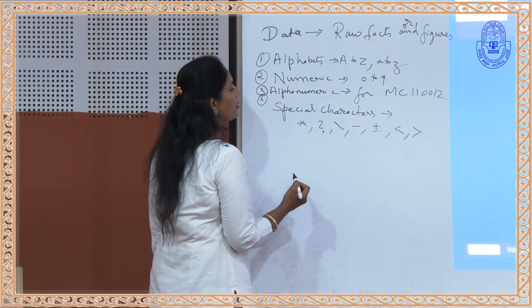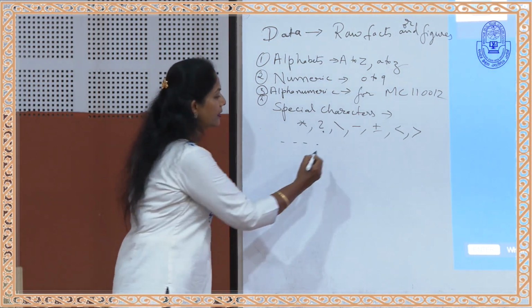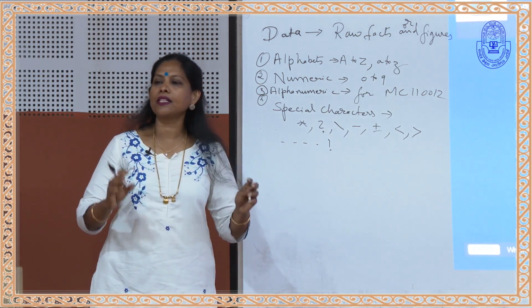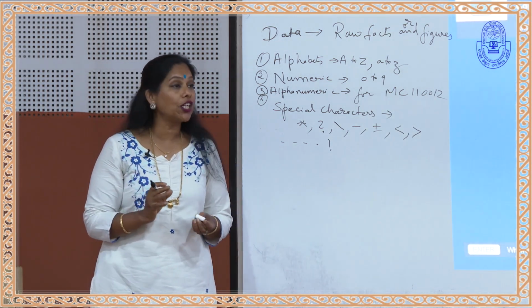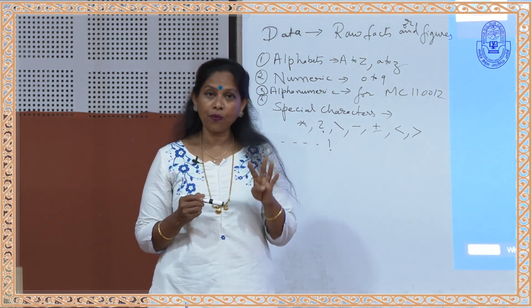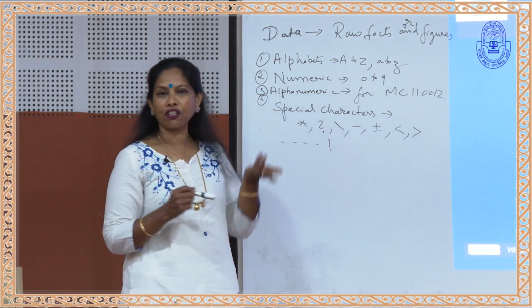There are so many symbols, etcetera. This is the exclamatory mark. All the symbols come under special characters. So now you know how many types of data there are: 4 types.